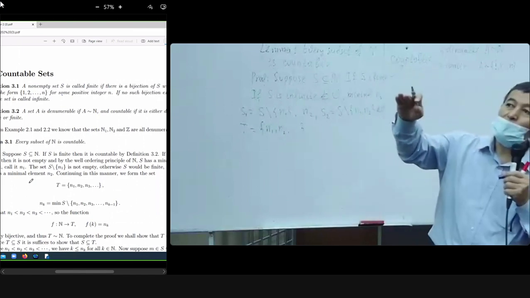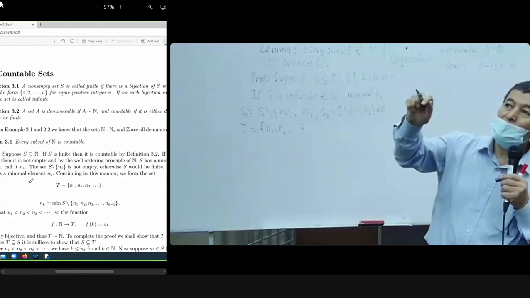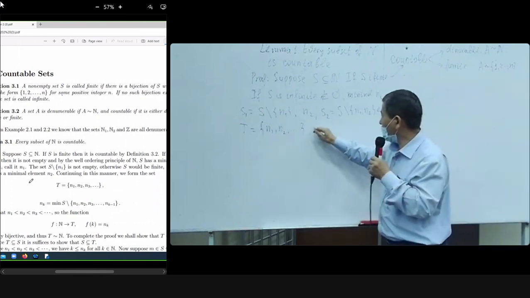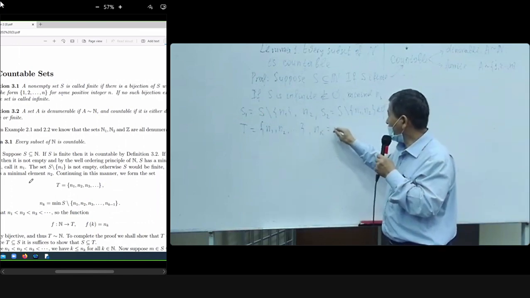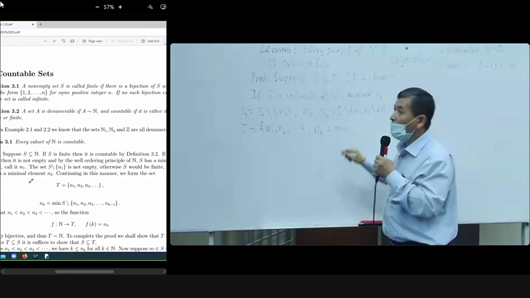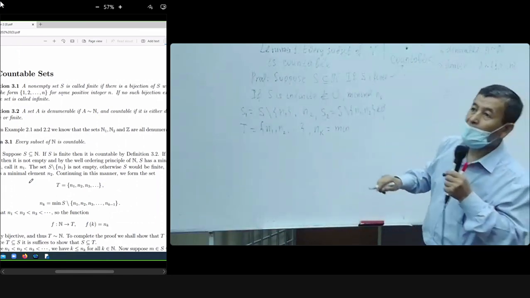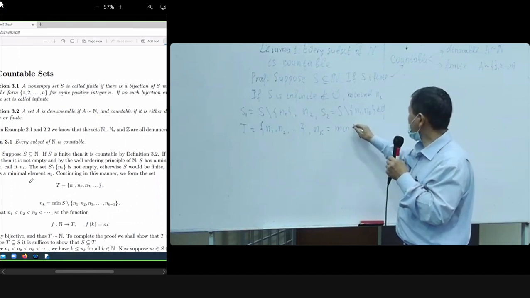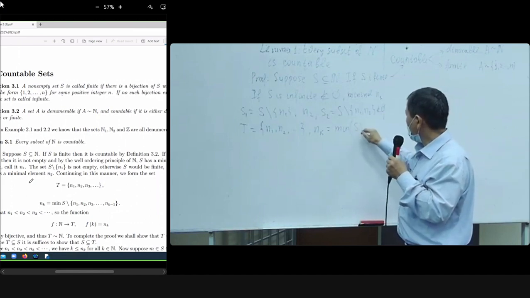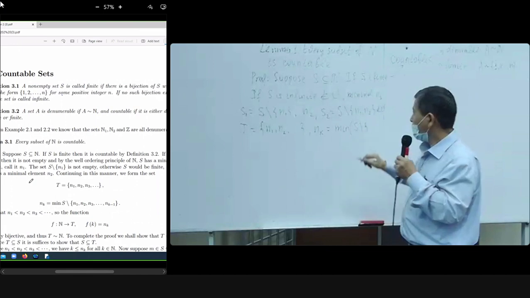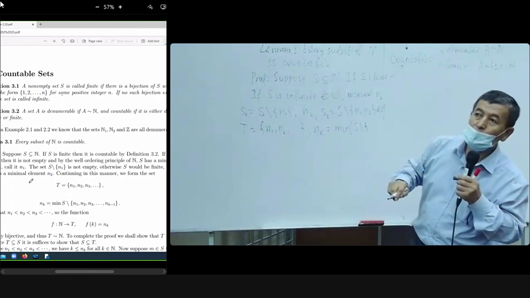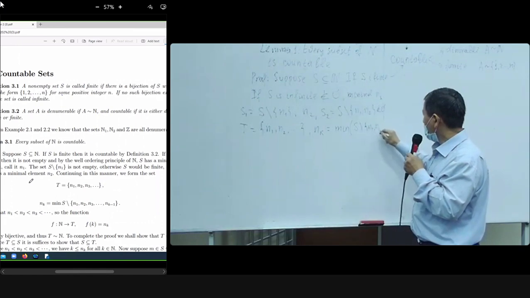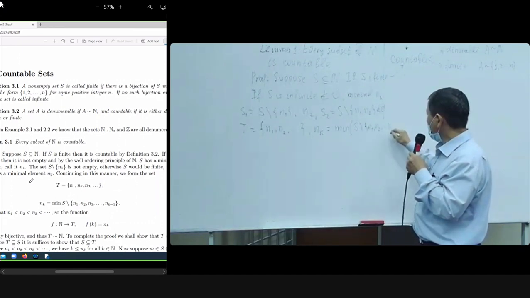Okay, so counting in this manner, we form the set where nk can be written as the minimum of S minus {n1, n2, ..., nk-1}.